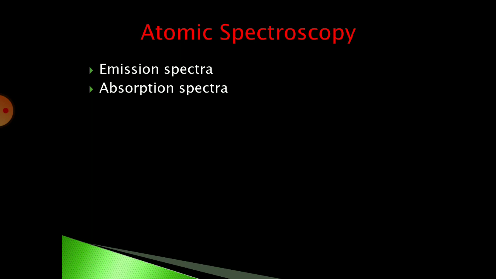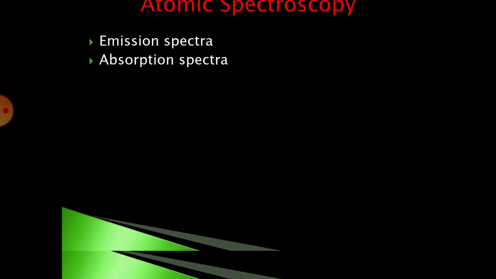When flame or thermal energy is subjected to any atom, an electronic transition takes place. This electronic transition can be shown by an energy level diagram. So let us discuss the energy level diagram for sodium.